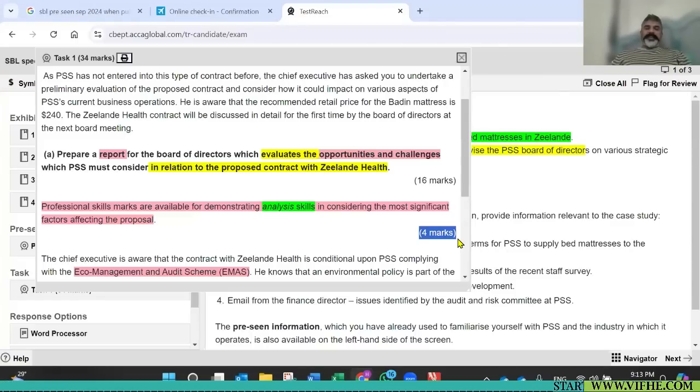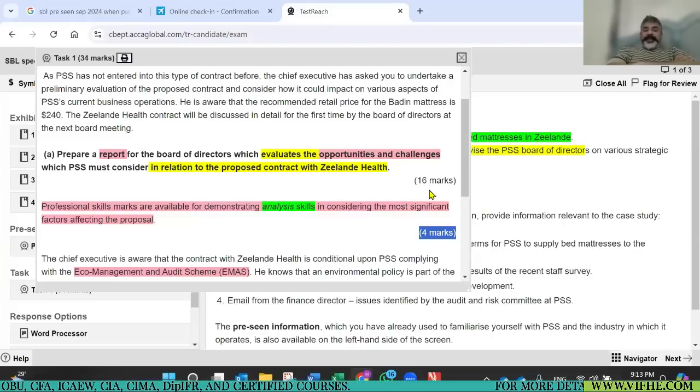So total marks is 20 marks. Task number 1A is 20 marks, right? So how many minutes will you allocate to task number 1A? 36 minutes. Exactly. So 20 marks multiplied by 1.8 minute per mark. Right. So we know that 1A we have to complete in 36 minutes.